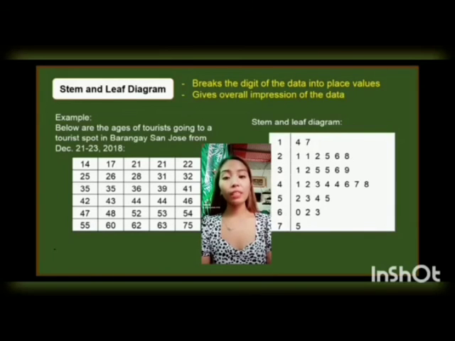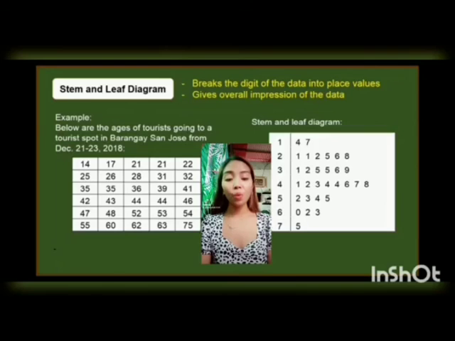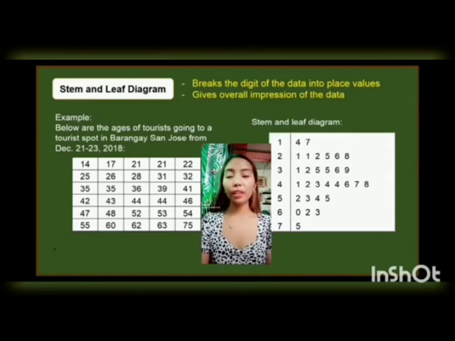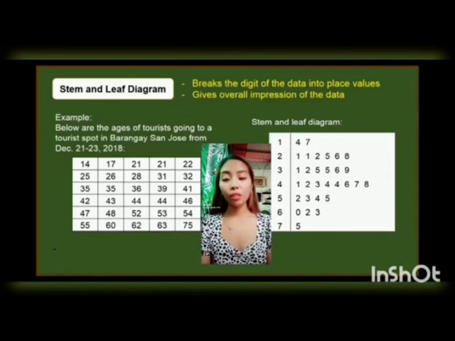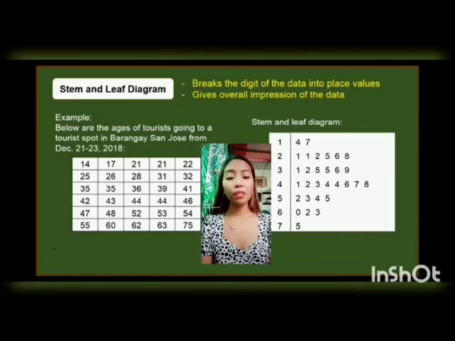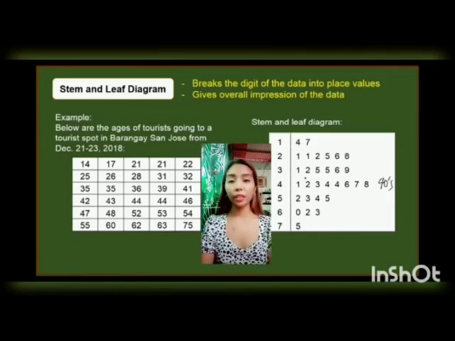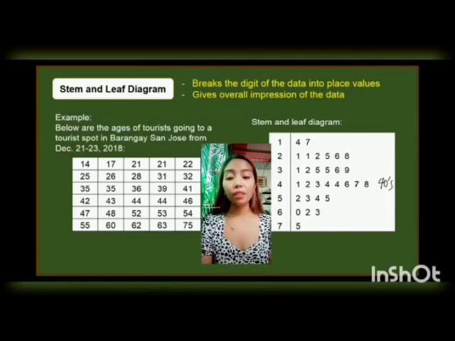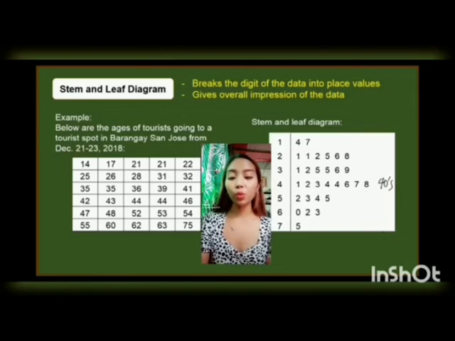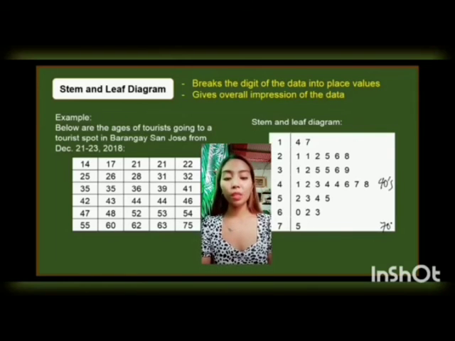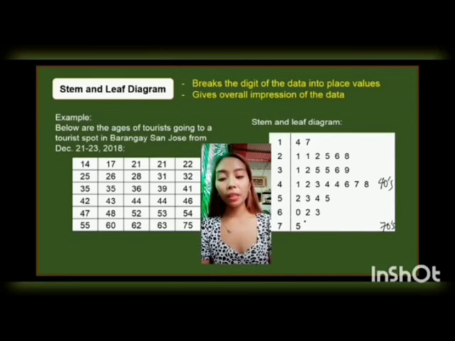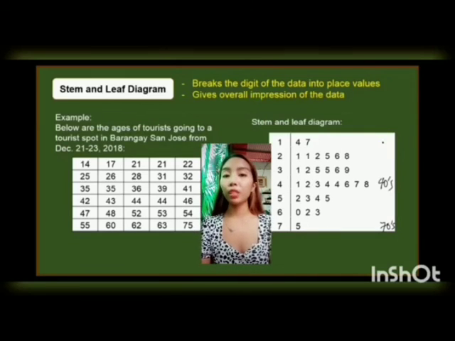After finishing the stem and leaf diagram, we can derive new things regarding the data set. First, most of the tourists that visited the tourist spot in Barangay San Jose are in their 40s, meaning 41 to 48. The least number of tourists are those in their 70s, specifically we only have 1 tourist, followed by the teenagers, 14 and 17.